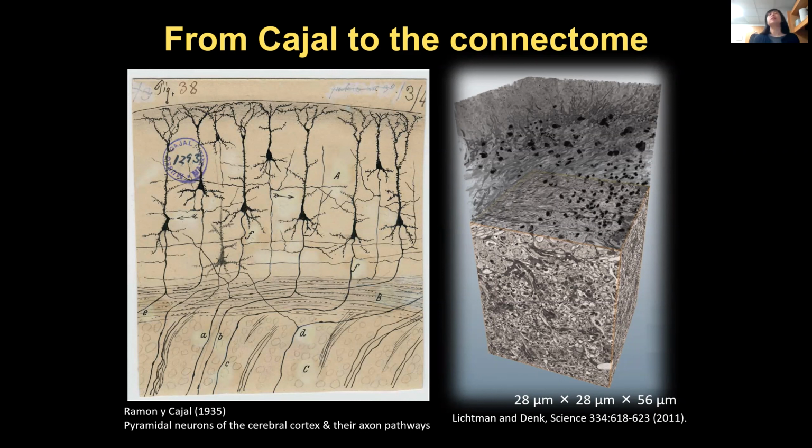And the essence of what he saw is depicted in this diagram, as well as many other drawings that he made. That essence is that the nerve cells in the human brain have wires. So there are dendrites that receive information and axons that transmit information.